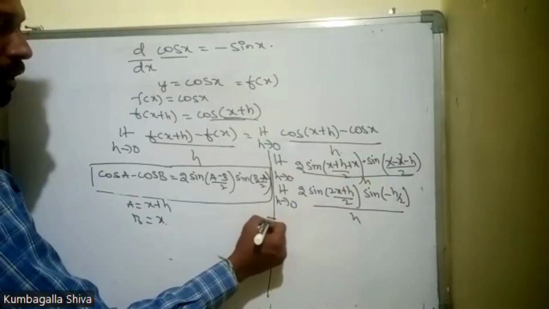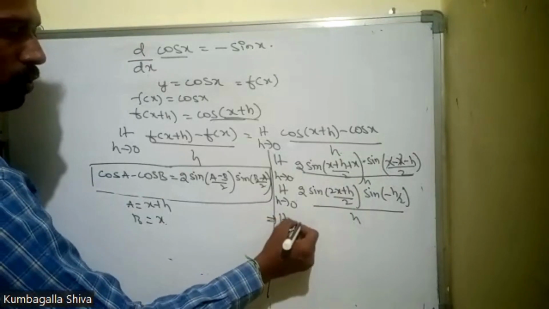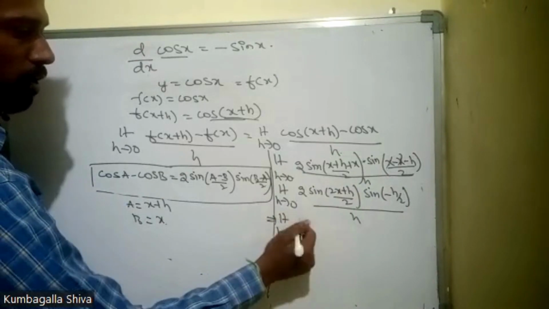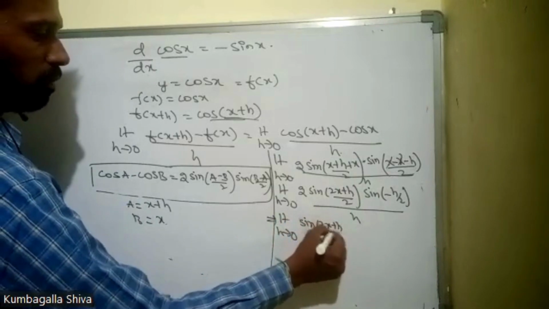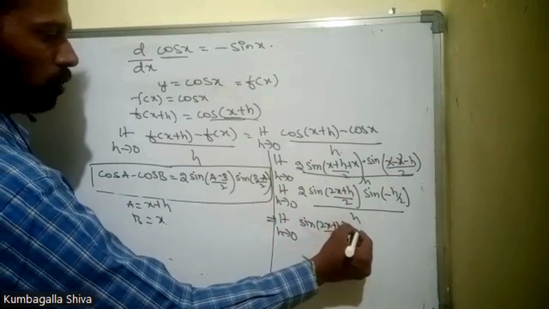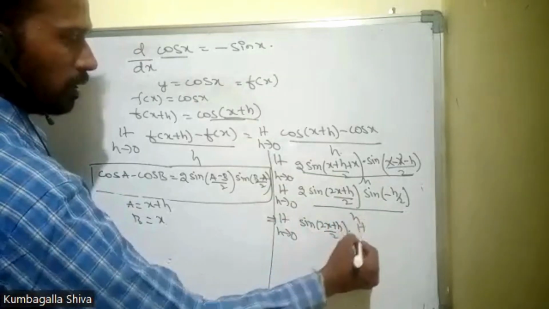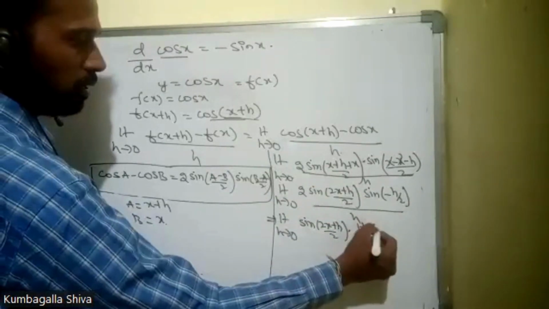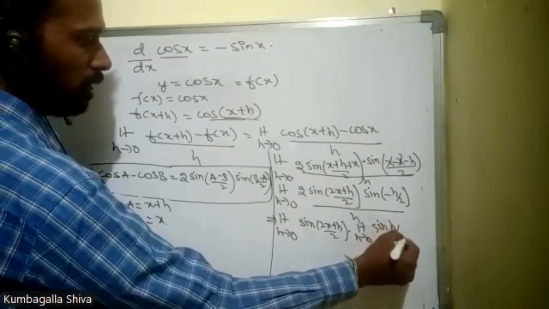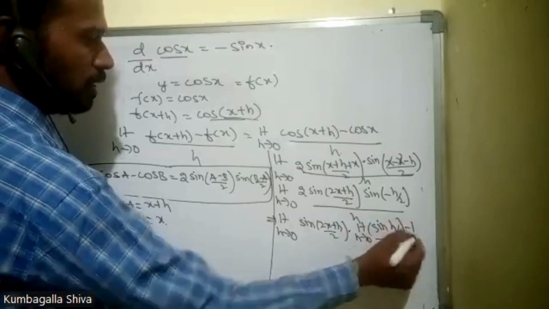I write limit h tends to 0 of sin of (2x plus h) by 2 into limit h tends to 0. This 2 goes down here. I can write sin h by 2 by h by 2 of minus 1.